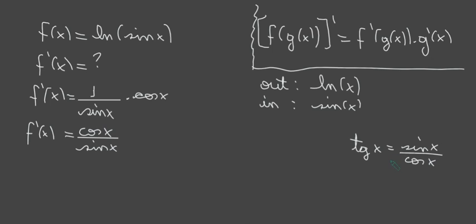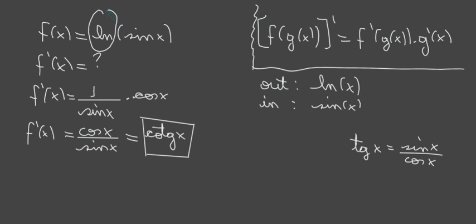Can you see it? So this here is not the tangent, this here is the inverse of it. This here is the cotangent of x. So final answer, cotangent of x.